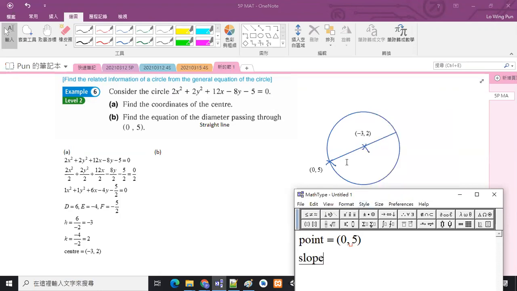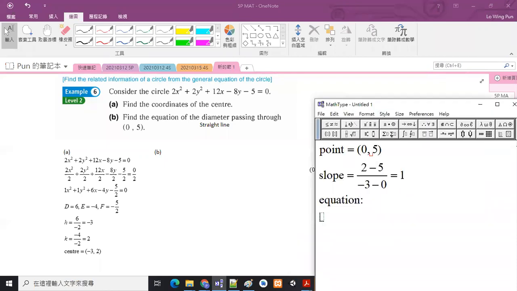How about the slope? Do we have the slope of this straight line? No, it is not given. But we have 2 points, so we can actually calculate the slope ourselves, using y2 minus y1 over x2 minus x1. That should be equal to 1. The slope is equal to 1. And then we can write down the equation of the straight line.